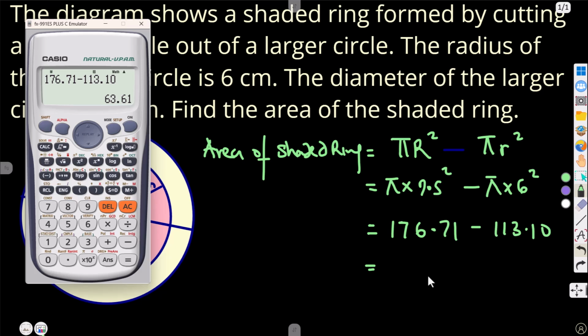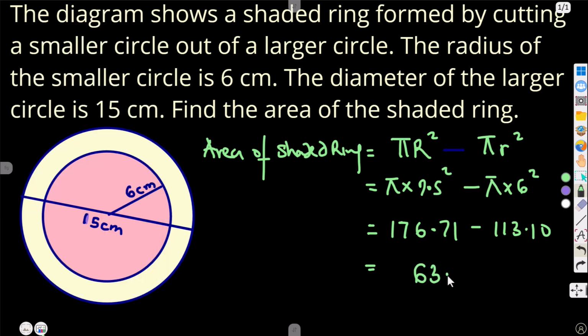I'm going to leave my answer to one decimal place, which is 63.6, and of course the unit is centimeters squared. This is the area of the shaded region, which I'd like to show you here, all the parts round about the circle.